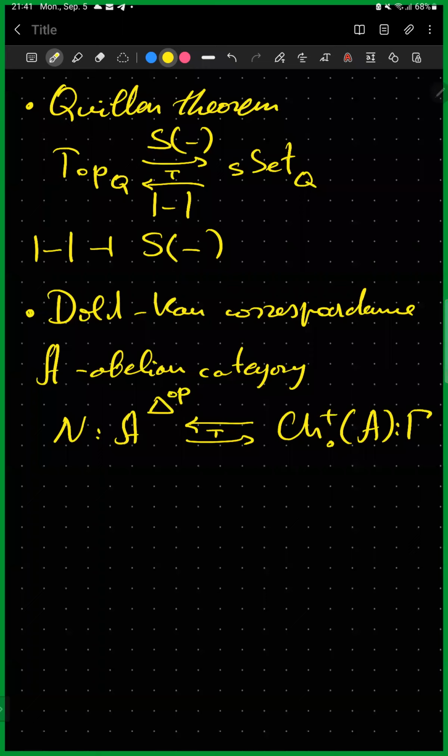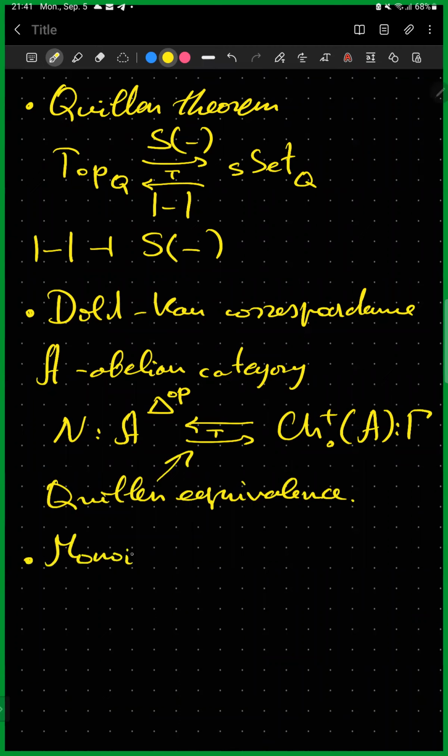So this is also a Quillen equivalence. So another example is the monoidal Dold-Kan correspondence. It looks like this.